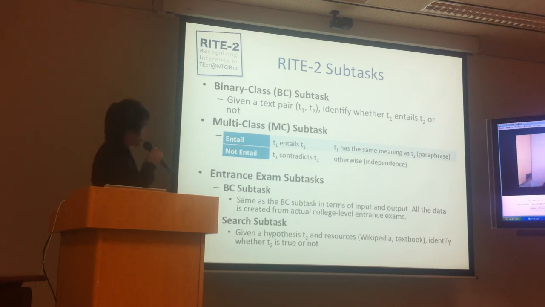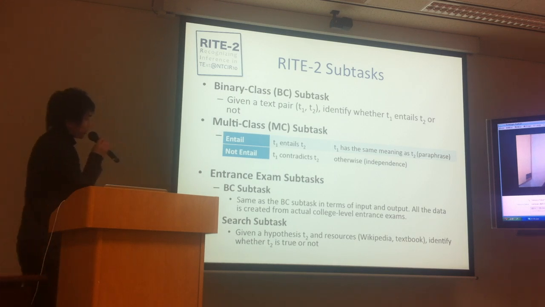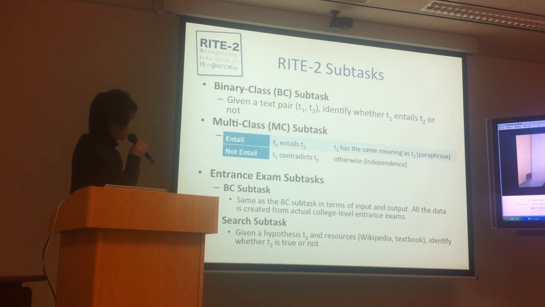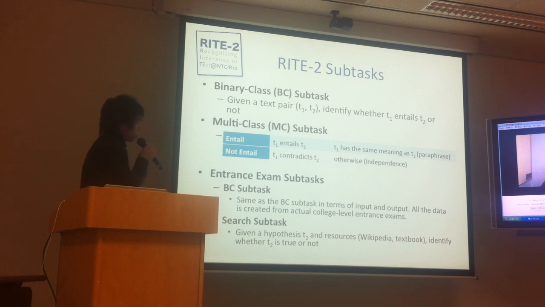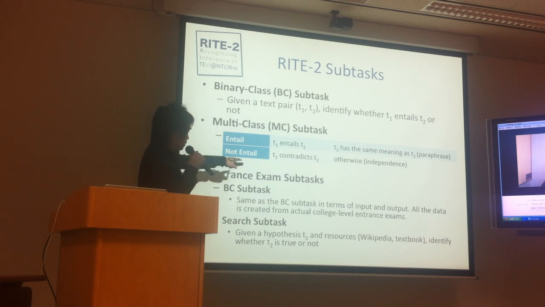The entailment relation is divided into two relations: entailment and paraphrase. Entailment means that T1 entails T2, but T2 doesn't entail T1. In paraphrase relation, T1 entails T2, and also T2 entails T1. And not-entailment is divided into two relations. The first one is contradiction.